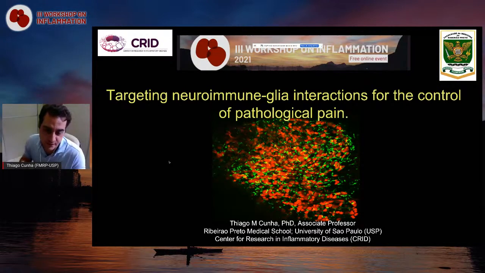In our context, we are trying to identify targets for the development of chronic pain, which is a very important medical need. What we know is that the analgesics that we have in clinics are not so effective, and normally they have several side effects.